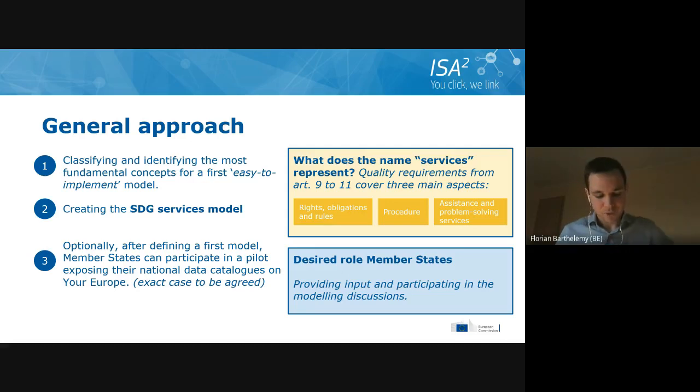And this concerns mainly the first and second points, while the third point, as I said, is mainly on a voluntary basis, and so we'll see if we will proceed with this last step and who is willing to participate in this pilot. So the desired role is mainly on the modeling side at first.